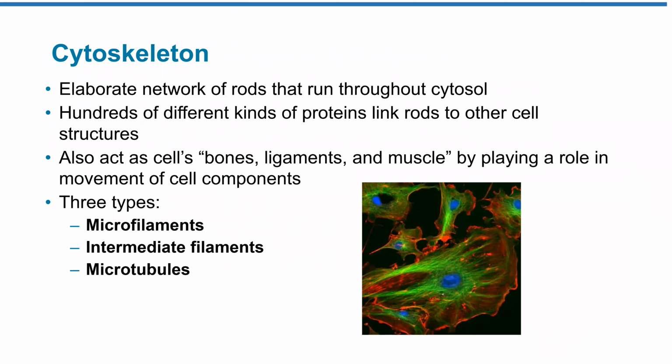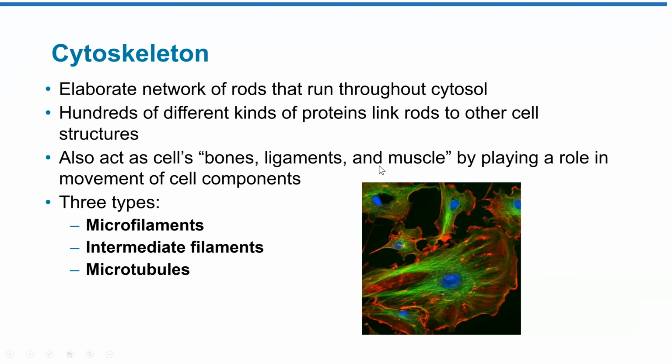Cytoskeleton is another organelle. It's a non-membranous organelle. It's an elaborate network of rods that run throughout the cytosol. Hundreds of different kinds of proteins link the rods to other cell structures. It also acts as the cell's bones, ligaments, and muscles. Of course, the cytoskeleton is made of proteins.